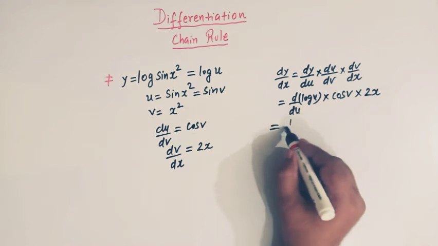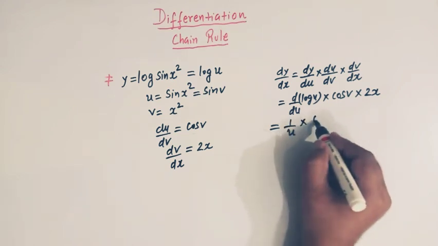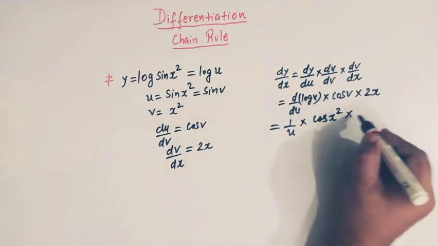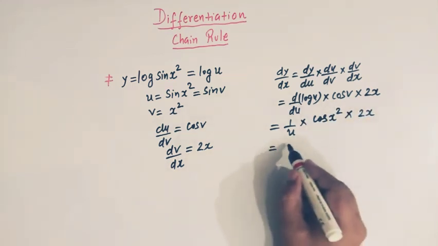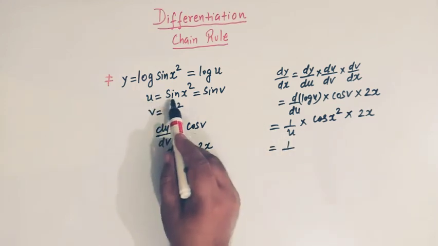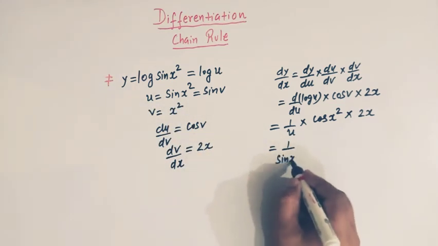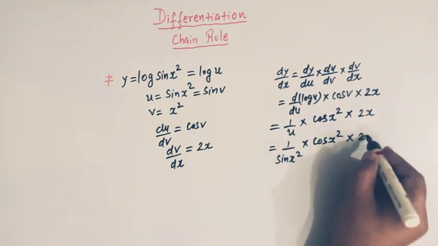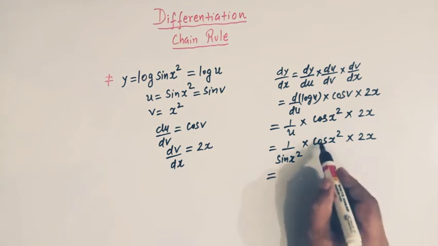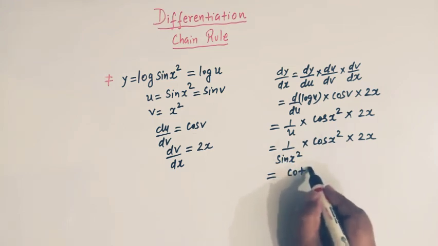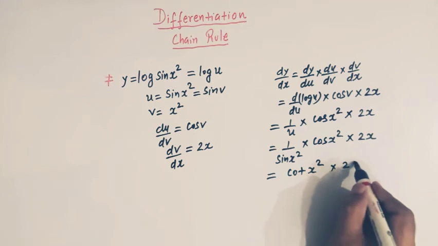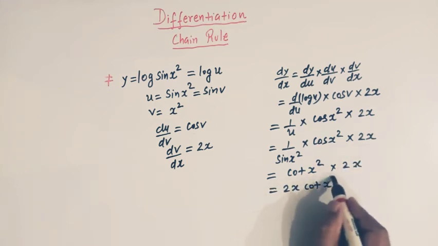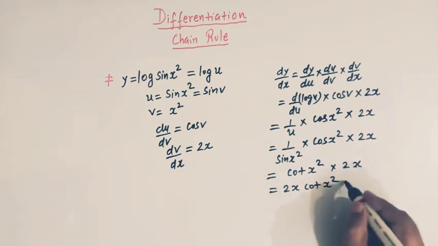Now this is 1/u, and this is cos v, and v is x², and here we have 2x, and for u we have sin x², and this is cos x² times 2x, and cos over sine is cot x² times 2x. So this is 2x cot x², right? So this is the required derivative.